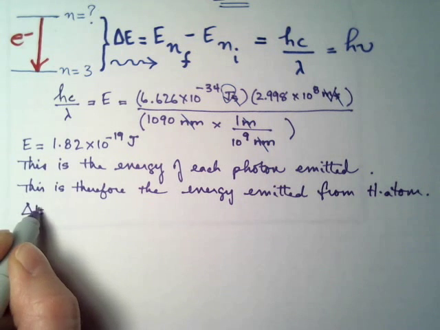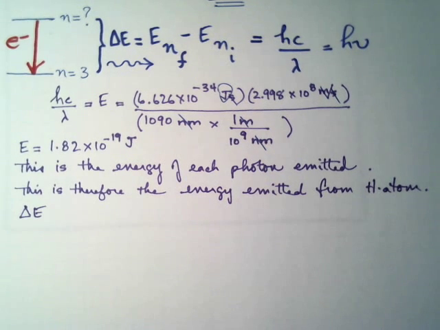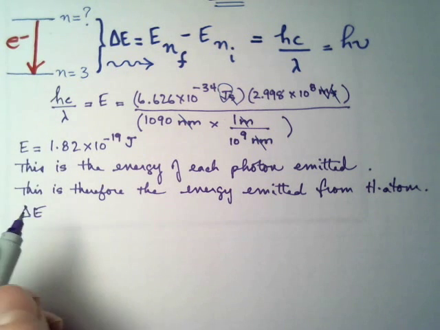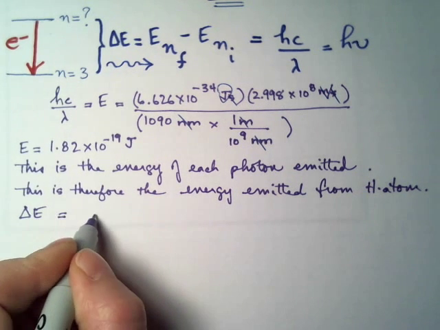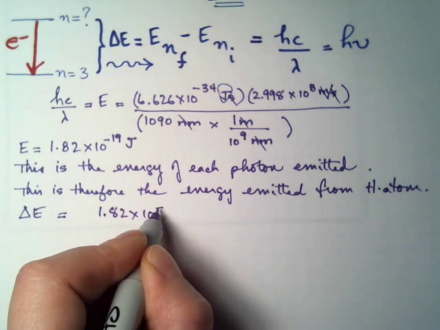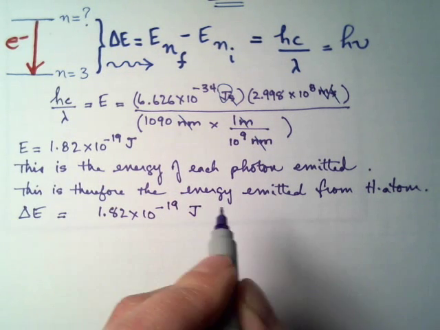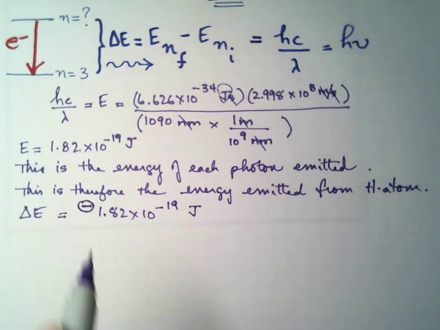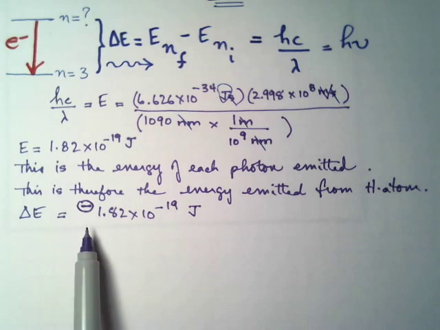And so that tells me that the delta E, if it's being emitted, it means that it's the difference between these two. So delta E is negative 1.82 times 10 to the minus 19 joules. Now just hold on. Do you see why that's a negative?